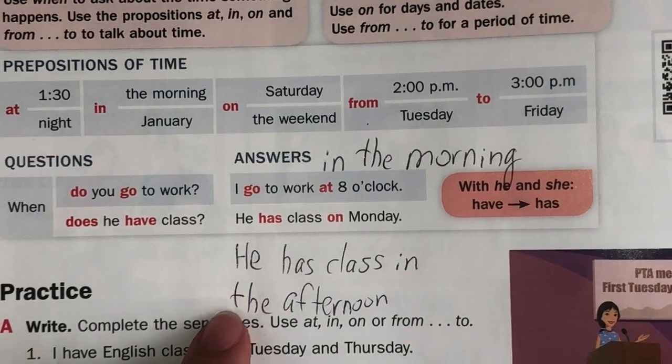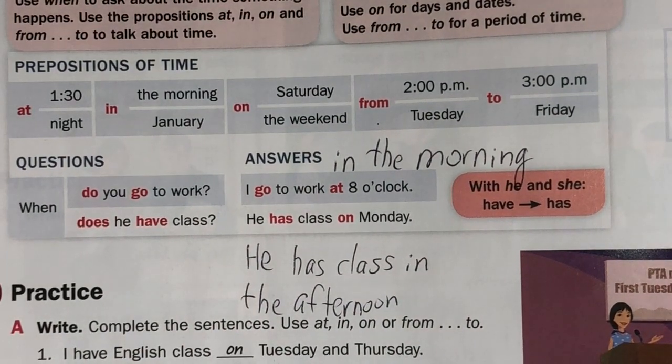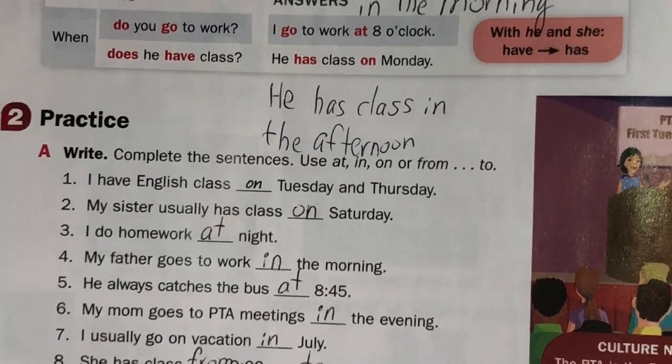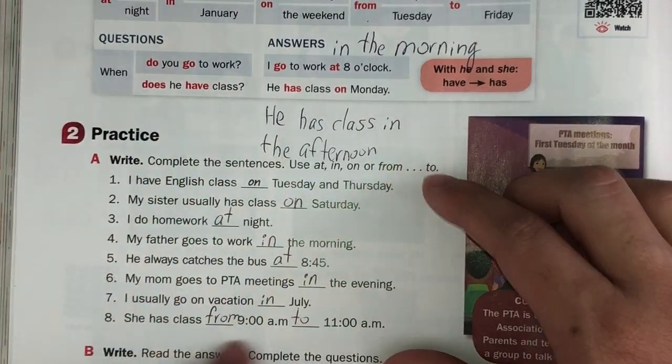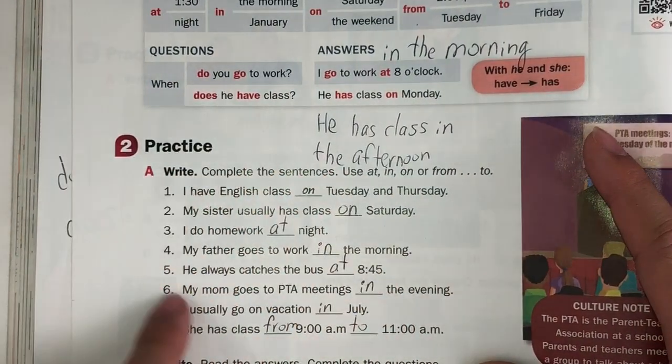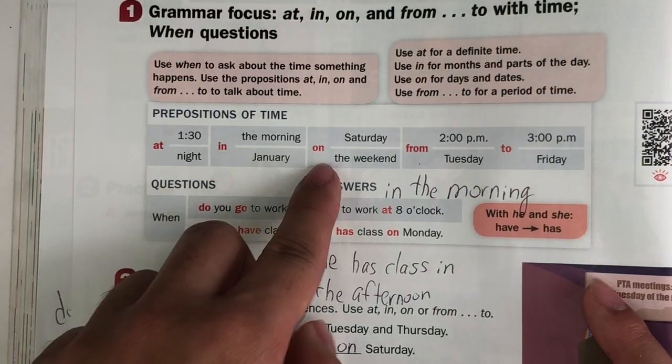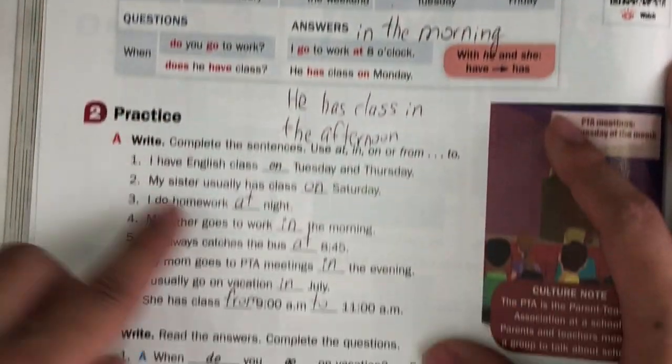He has class in the afternoon. So, I want you to stop the video and do part A right here. Write the time words. At, in, on, from, to. Here.